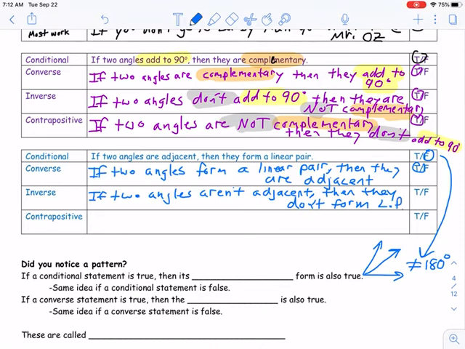Again, maybe I should have typed this out, but oh well. You guys get to see my beautiful handwriting. And that is a true statement. If two angles aren't adjacent, there's no way they can form a linear pair.